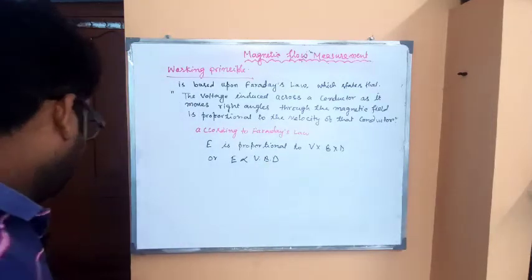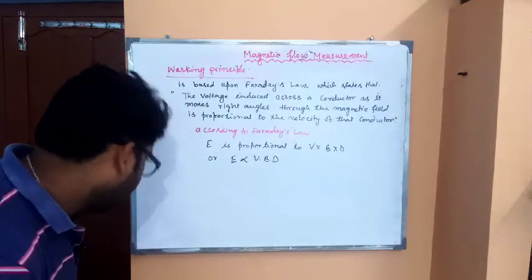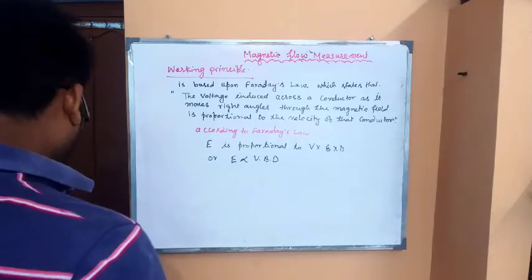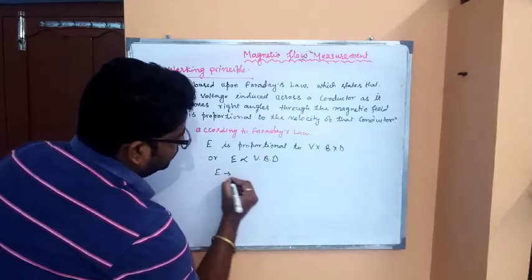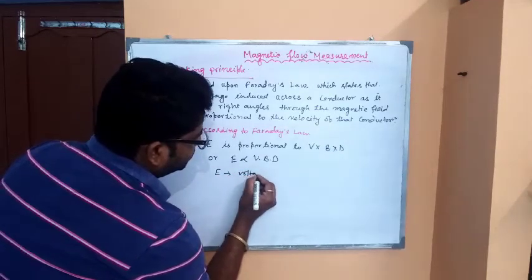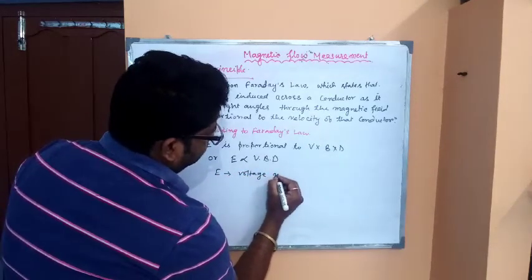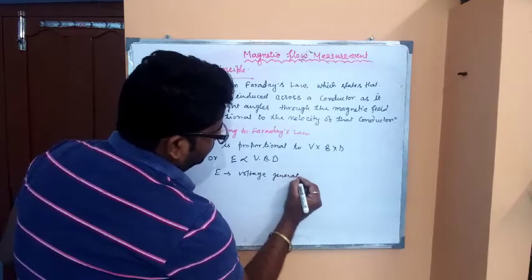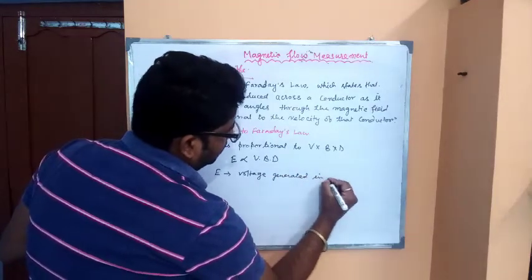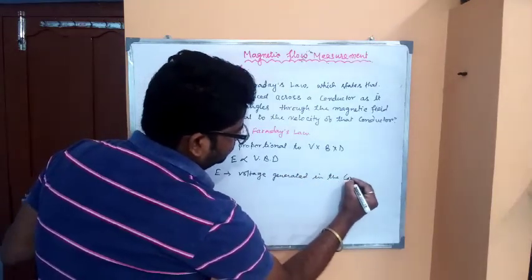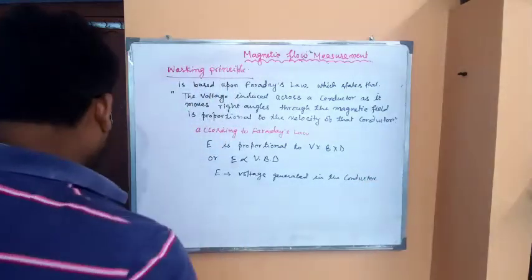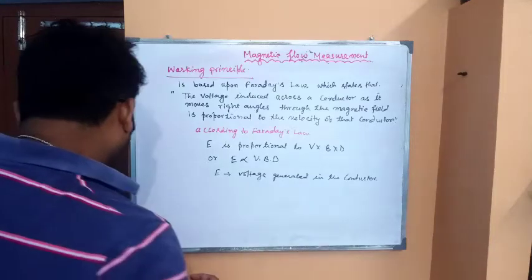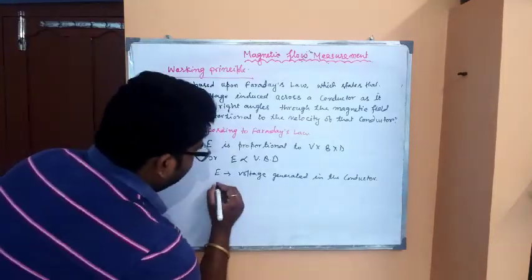Now, E is the voltage generated in the conductor or fluid. V is the velocity of the conductor, that means the fluid.